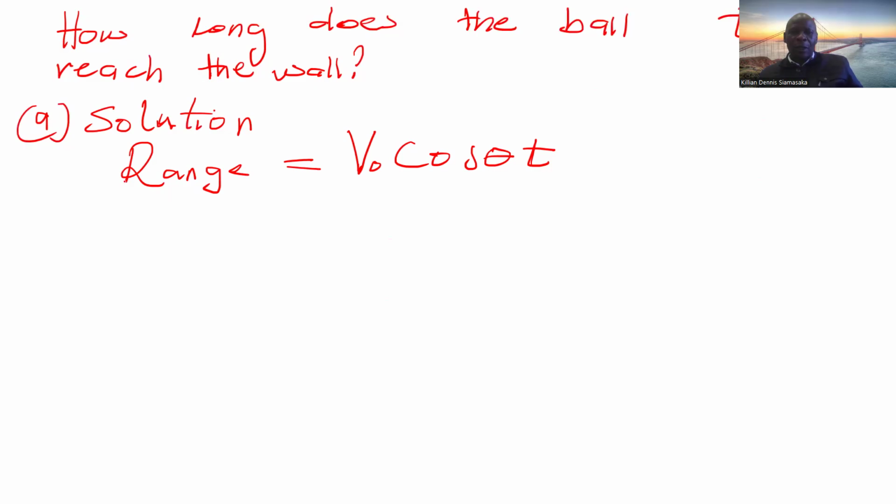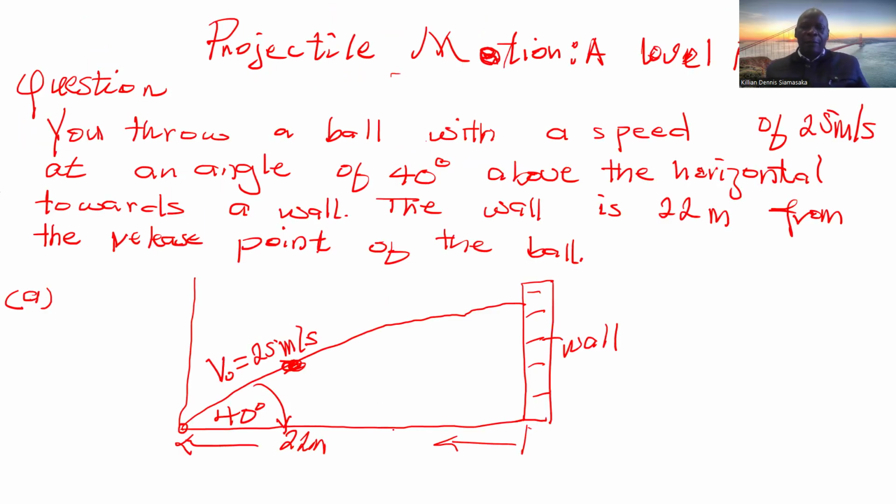And here we know the range. The range is this distance here, from there up to there. This is known as the range, from the point of throwing the ball up to where it reaches its destination.